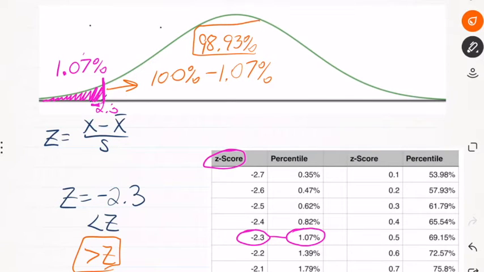So that would be those greater than z equals negative 2.3.